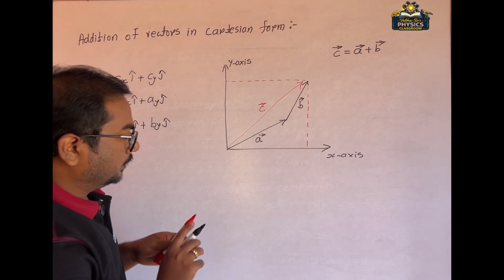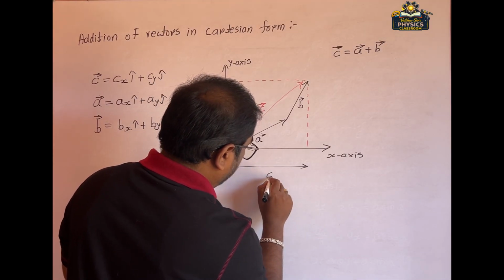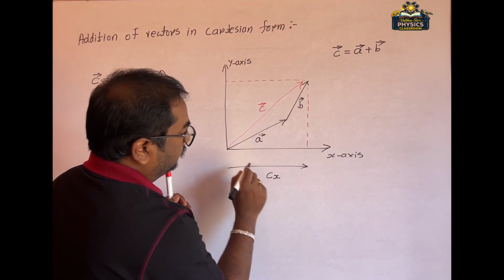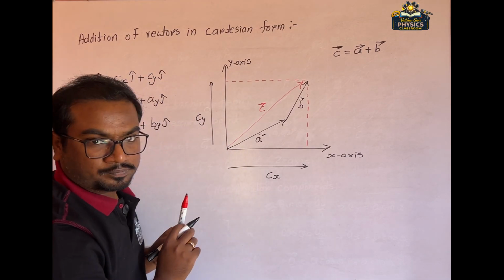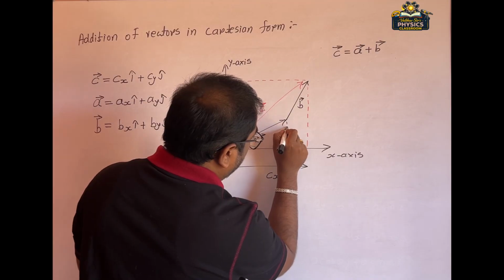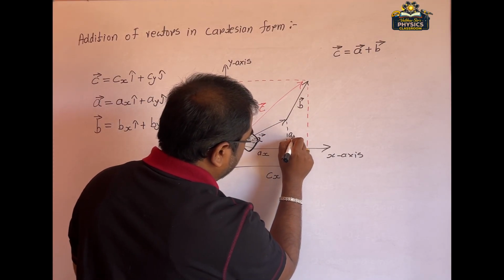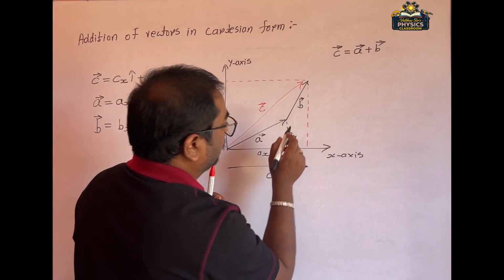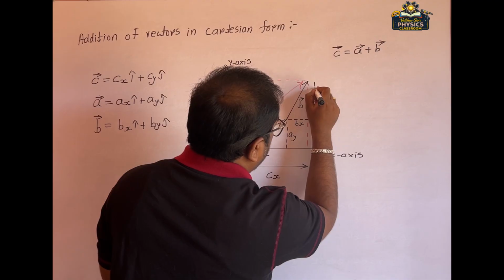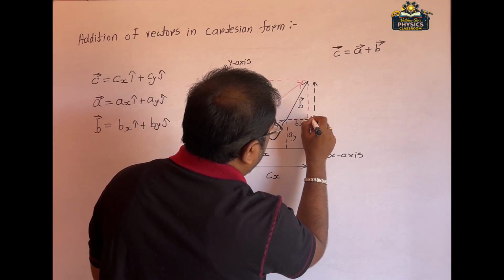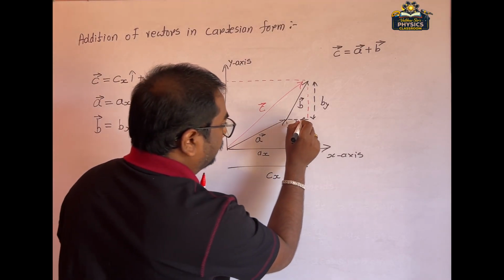So how can we represent? This is Cx, this is Cy. Okay, but here this is Ax and this is Ay. Correct. And again here this is Bx and this is By. Right.